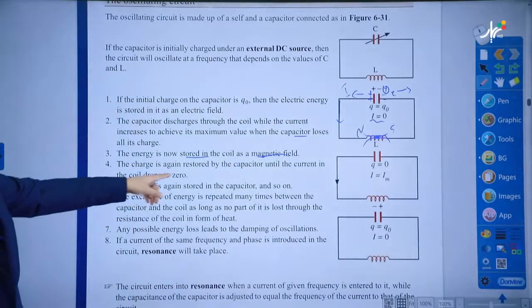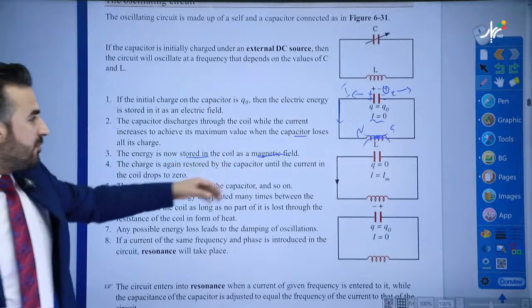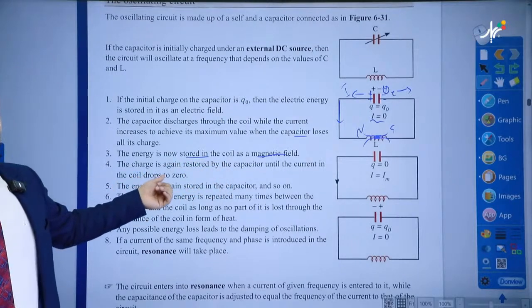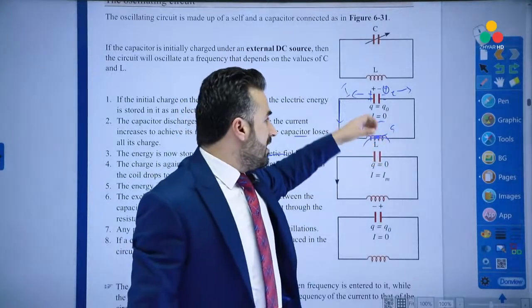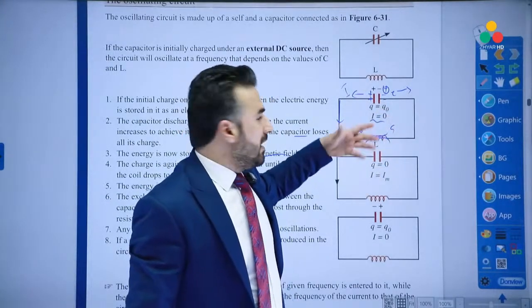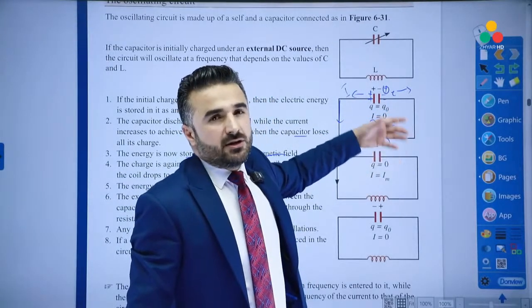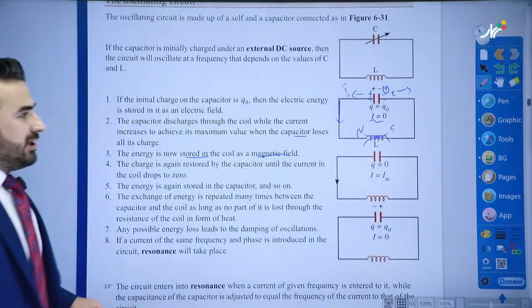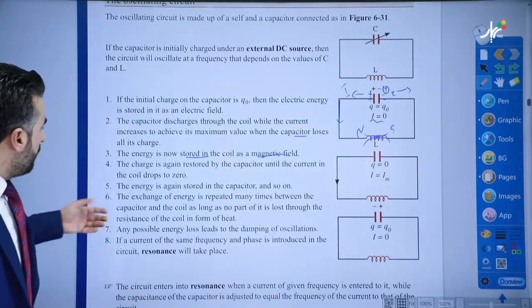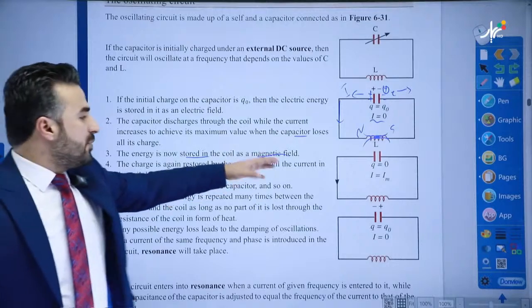So this charge is again restored by the capacitor until the current in the coil drops to zero. Then the current starts to flow through the circuit until we have maximum current. That is when no energy is left on the coil, and the energy is again stored on the capacitor and so on.